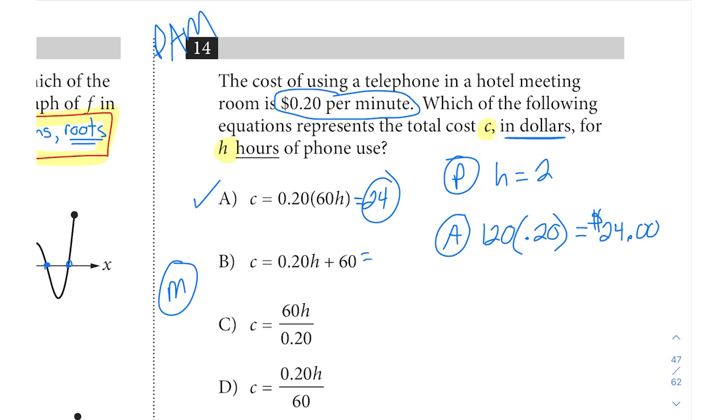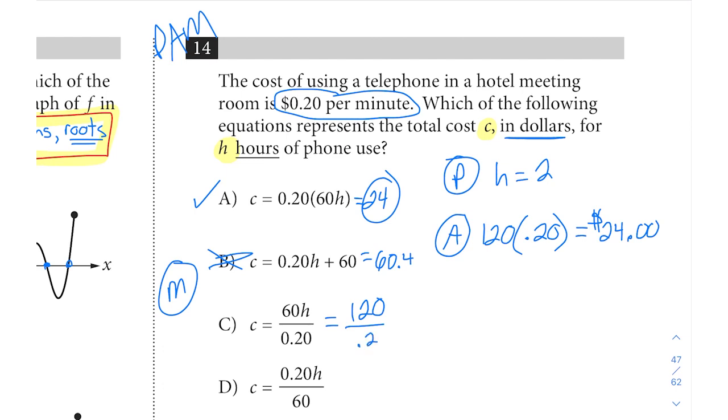Let's double check. Answer choice B would give me, let's see, 0.2 times 2 for the hours. That would just be 0.4. This would be 60.4. Well, that's definitely not it. So no thanks to B. Let's try C. I would have 60 times 2, which is 120, divided by 0.20.